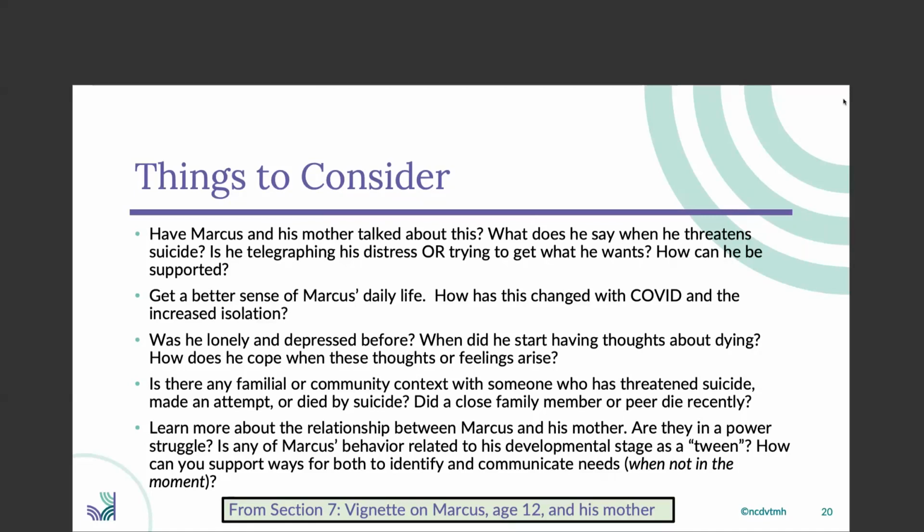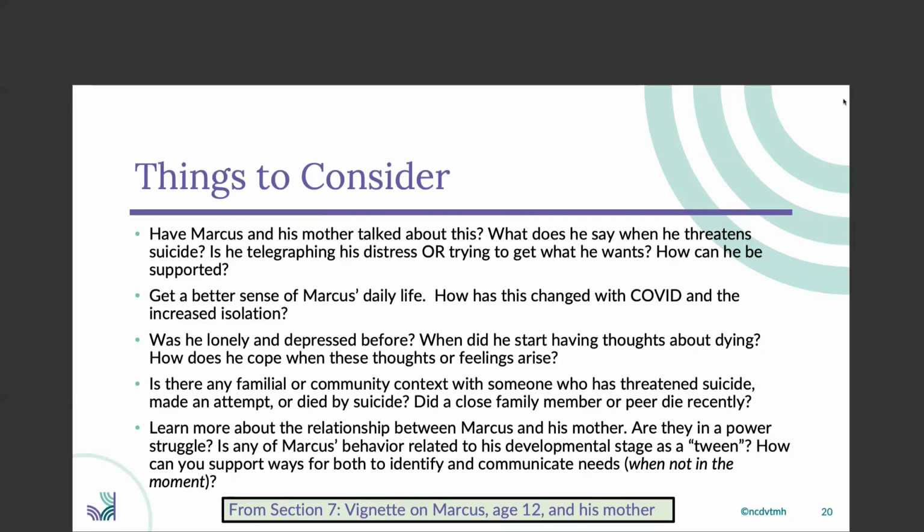So really putting some historical context into this so that we can understand what might be going on for Marcus. And when he has these thoughts or feelings, how does he cope? We know in the vignette that he's refusing to log on for his schooling, which we're going to assume was online as opposed to an option to go to school in person. So how does he cope with that? And then, is there any family or community context with someone who has threatened suicide, made an attempt, or died by suicide?